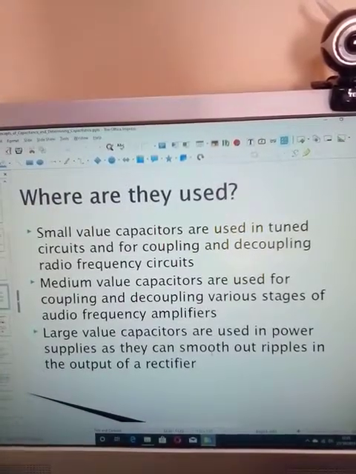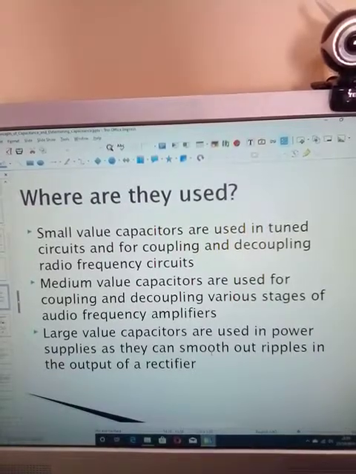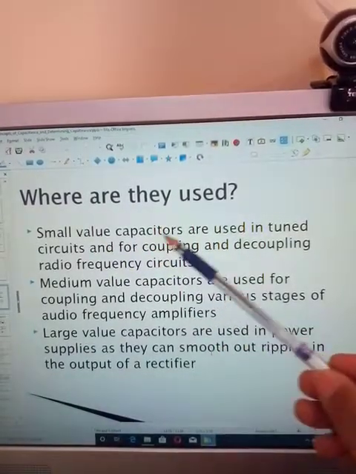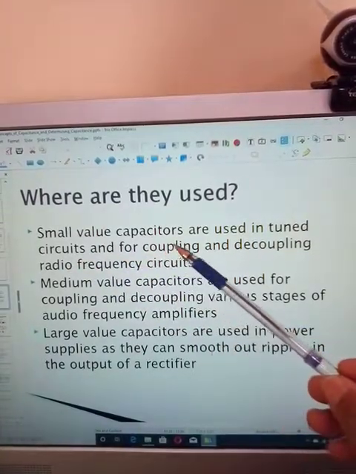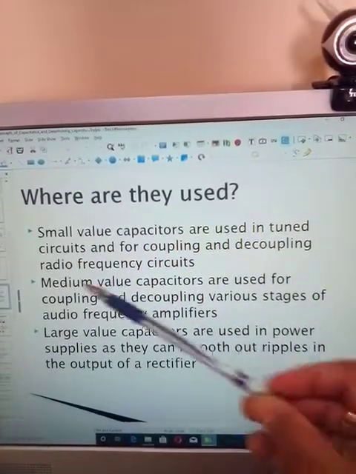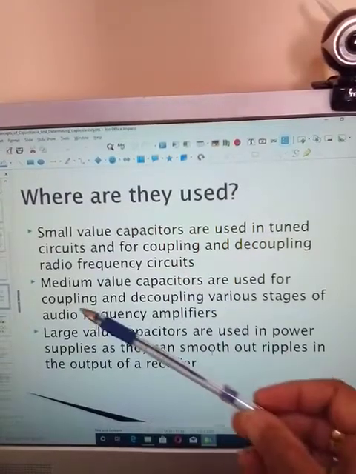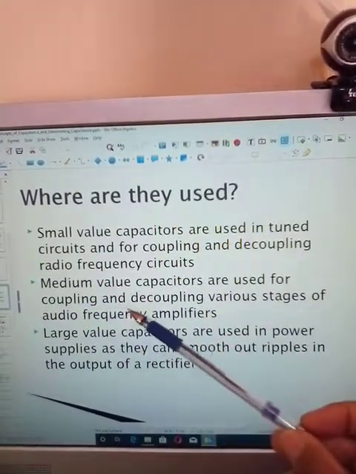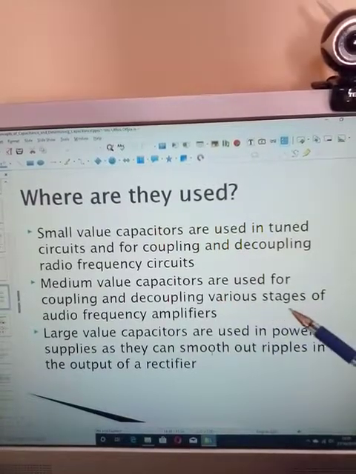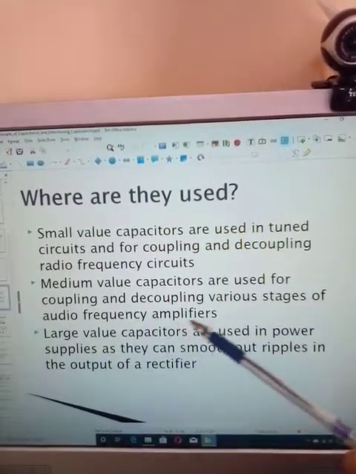Right. Where are they used? Small value capacitors are used in tuned circuits and for coupling and decoupling radio frequency circuits. Medium value capacitors are used for coupling and decoupling various stages of audio frequency amplifiers.